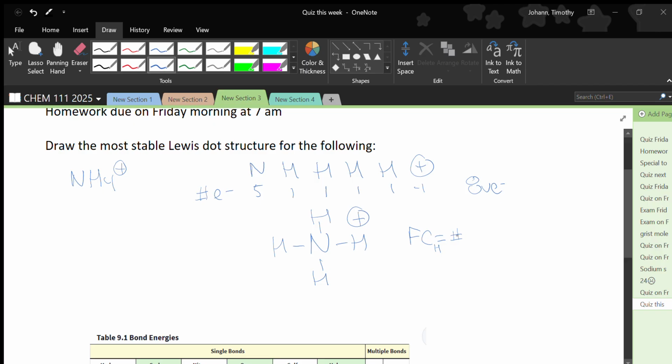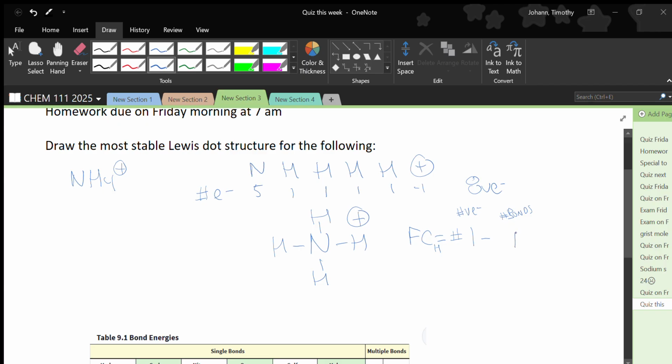How many valence electrons does hydrogen have? 1. We subtract from that the number of bonds. How many bonds to whichever hydrogen we're looking at? Just 1 bond, right?